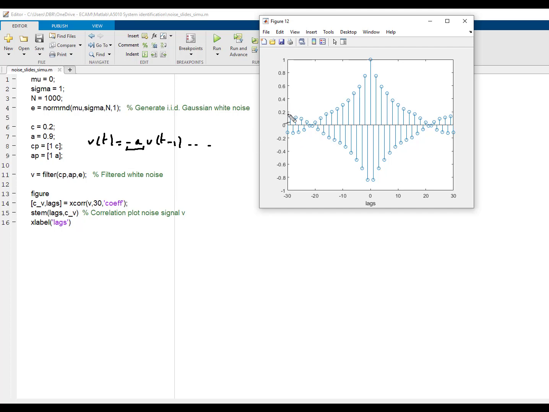So this is why you see these alternating signs appearing in the autocorrelation function. We had something similar in the impulse response.